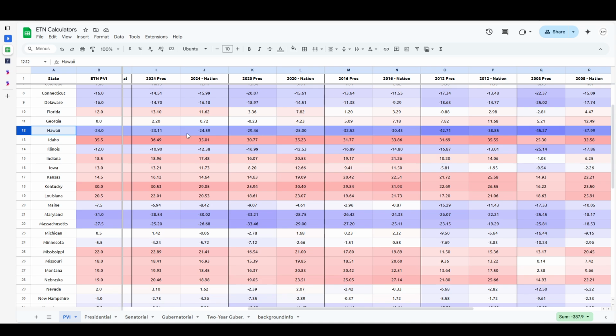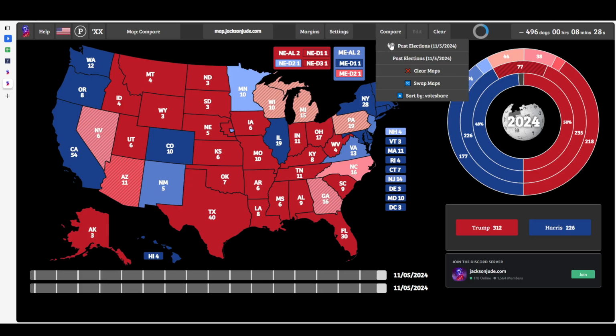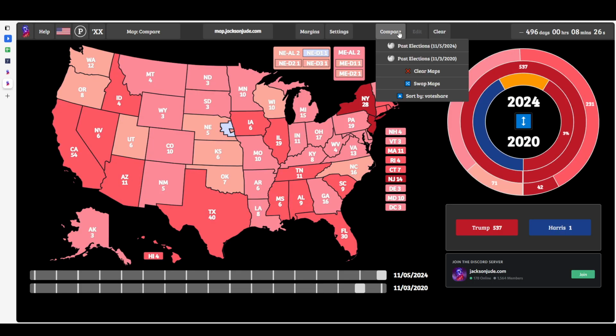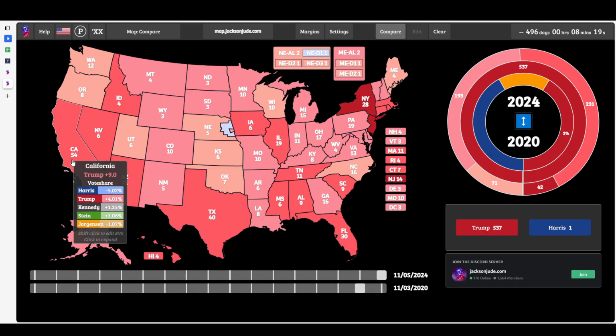So it actually moved to the right in comparison to the nation, and if I'm correct, it is literally one of the only states to do so that isn't the huge ones, which is New Jersey, New York, Florida, Texas, California.